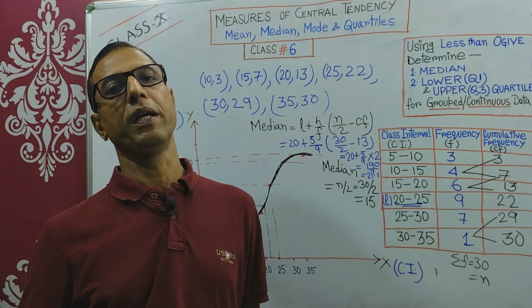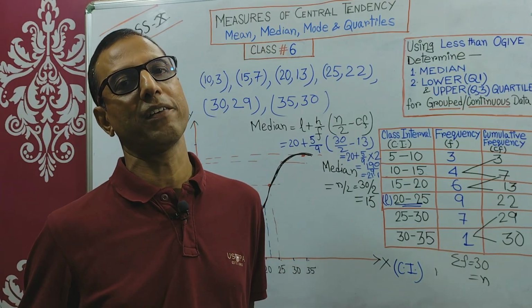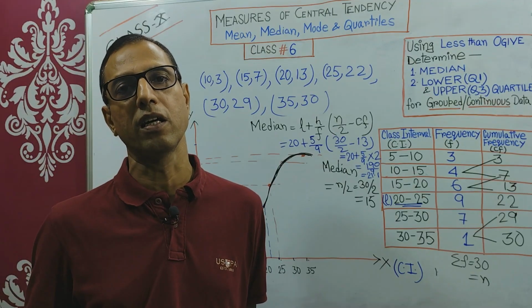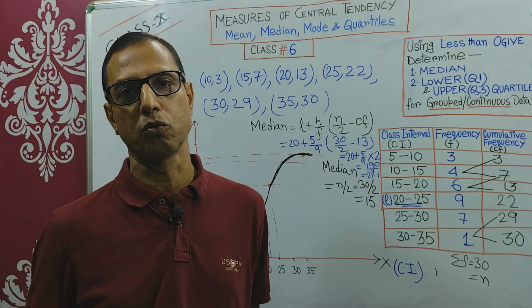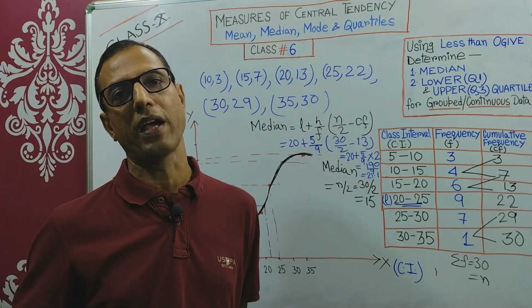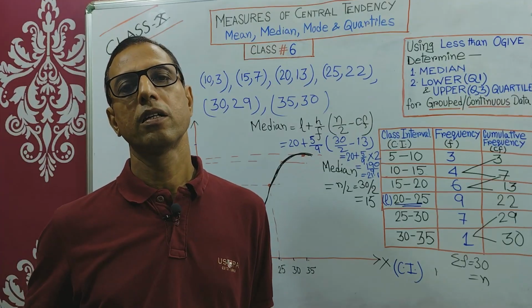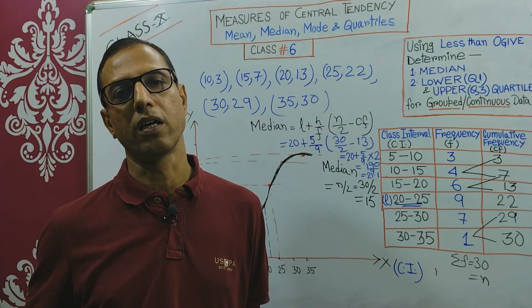So both median and quartile are positional data references. First you need to identify which position has Q1, which position has Q3, then the respective value you need to find from the observation data set, and you will find the value of Q1, Q3.